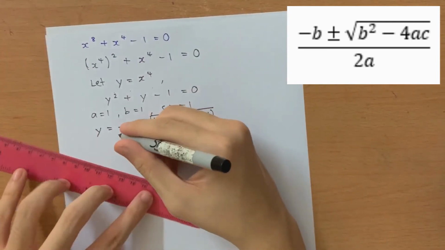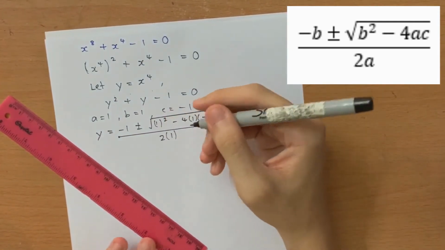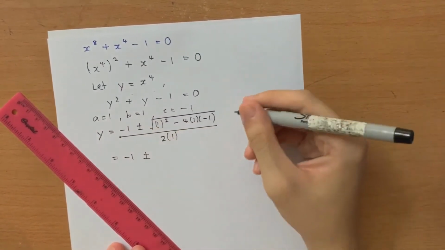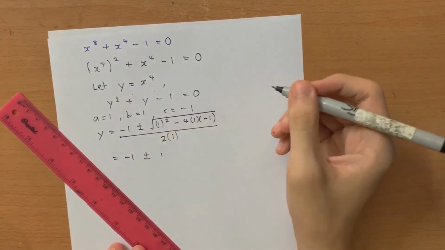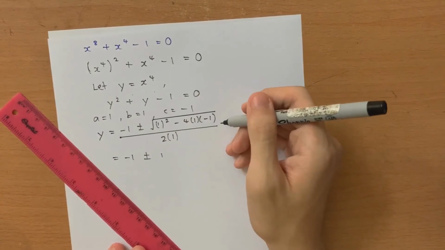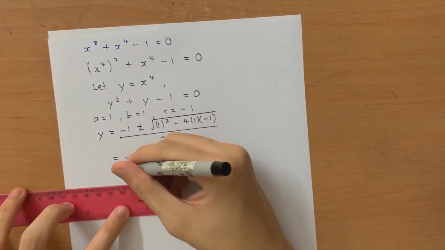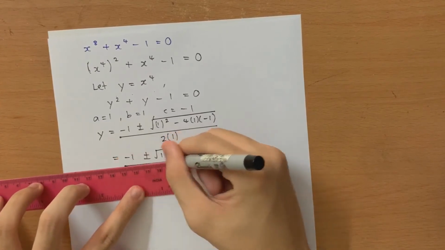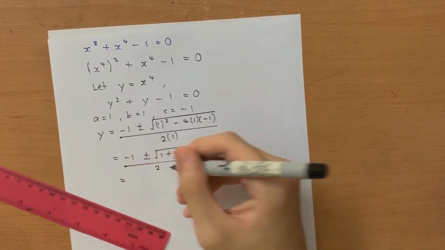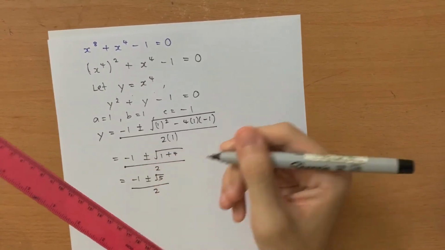Divide by 2 multiplied by a, which is 1. So we'll have negative 1 plus minus the square root of 1 minus 4 times 1 times negative 1. Negative 4 multiplied by negative 1 is plus 4. So 1 plus 4. There is no negative inside the square root, so we can take the square root. So negative 1 plus minus square root 5 over 2.